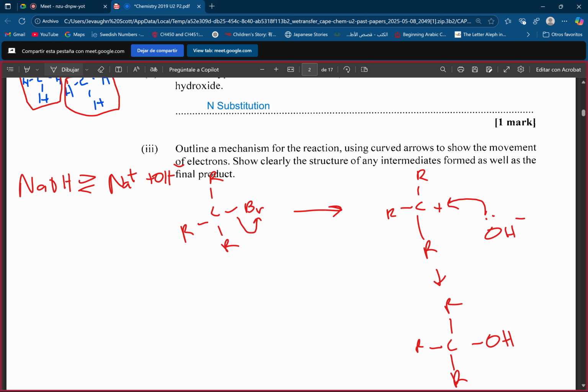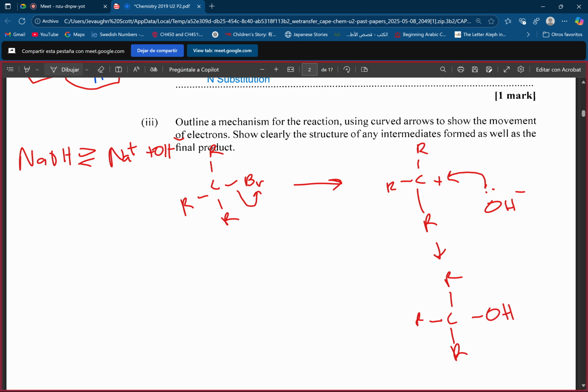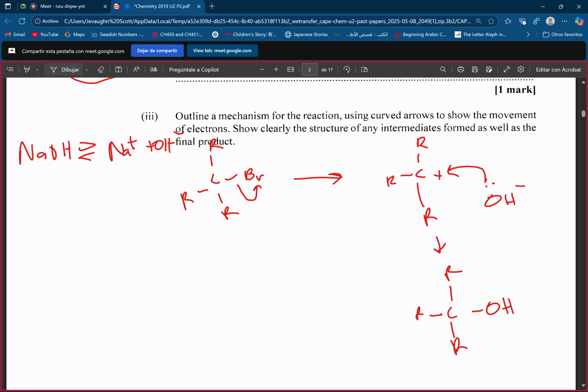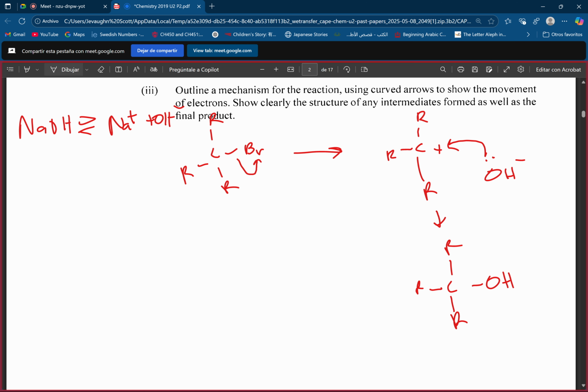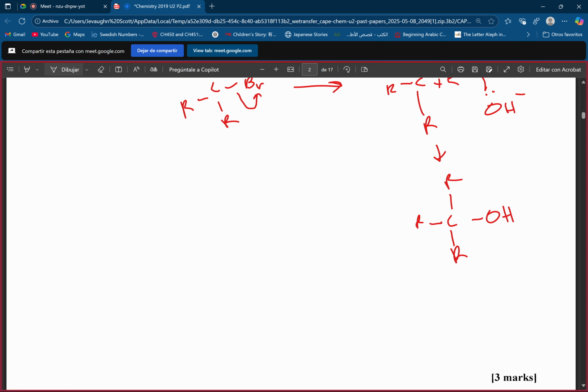So whether or not CAPE requires you to put the equation, put the equation. That's my suggestion. You have to create the intermediate. That's what I would do. It's a general rule of thumb. It's good practice.